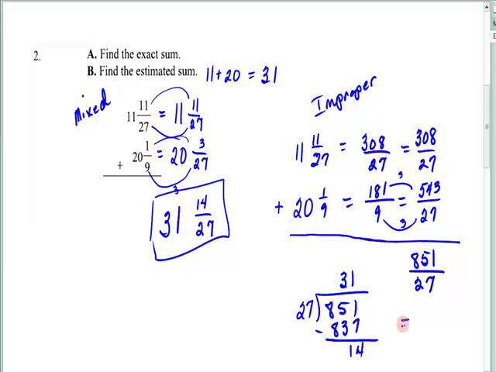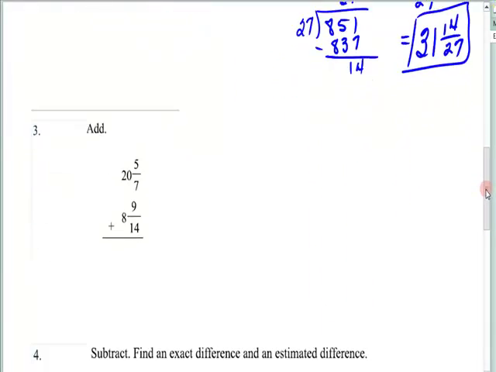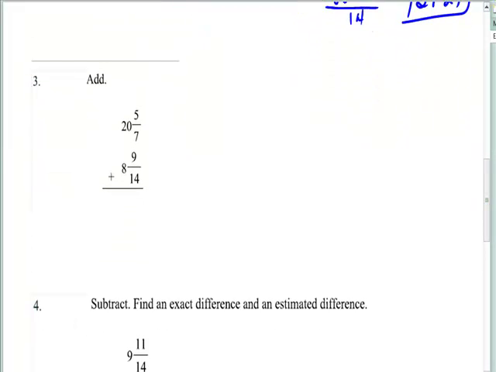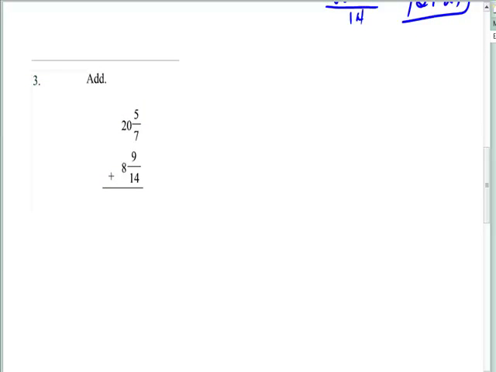This was a lot longer, but I got the whole number 31 and 14 27ths. That should look familiar. It's up here and it's down here. In this problem, I feel very strongly that the mixed number process was the shorter one. All right, let's look at the next one. All right, in this one, I'll do mixed first.